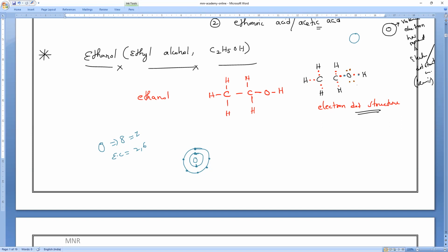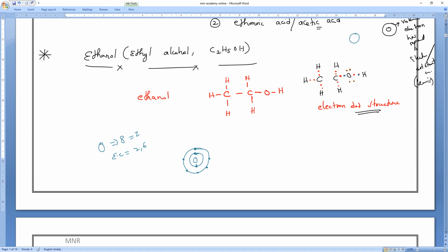Very, very important. If you forget to represent the lone pair of electrons, that electron dot structure is invalid or not a correct representation. Carbon and hydrogen have no lone pairs because they are balanced. You can count it. In the last valence shell, how many electrons have to come? Carbon already has 4, then the remaining 4 are already shared.